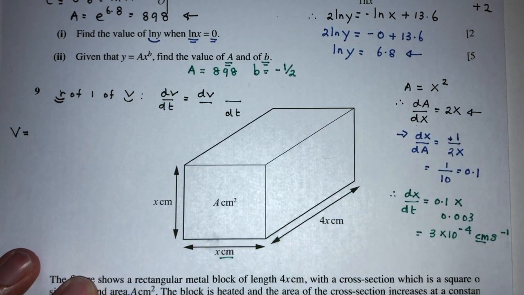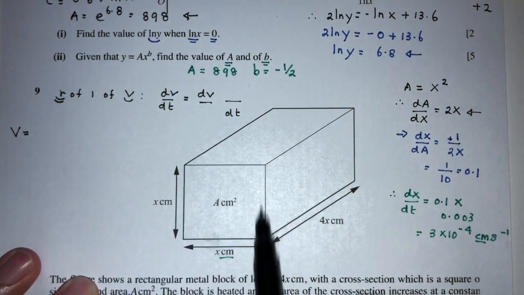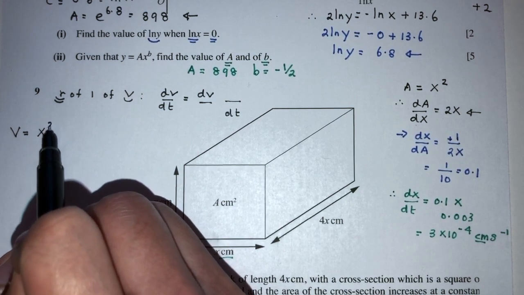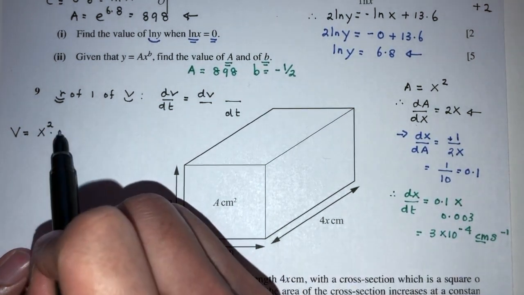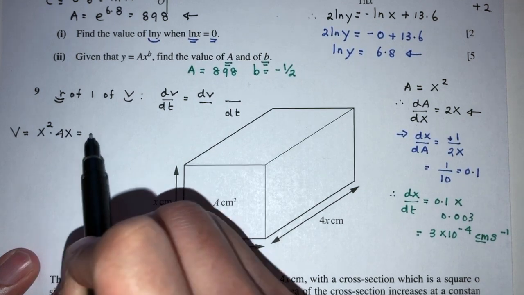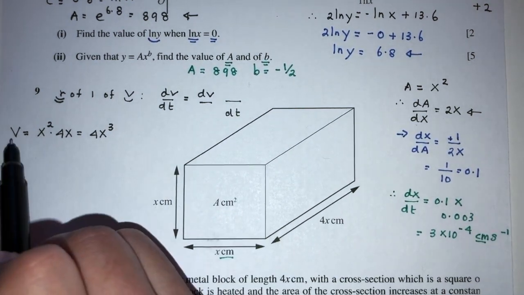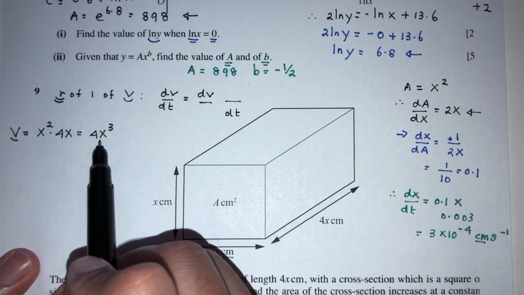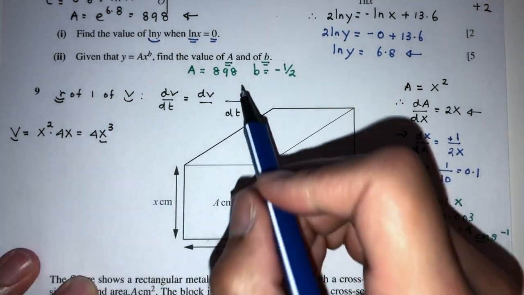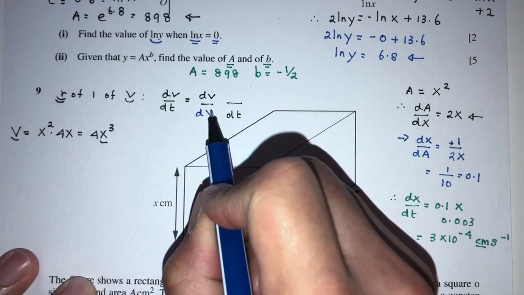That will be x squared for the area of the cross section, and times the length, that will be 4x. That will be 4x cubed. So V is in terms of x, so basically we can connect these two by dx.